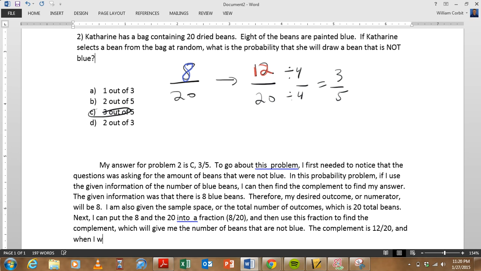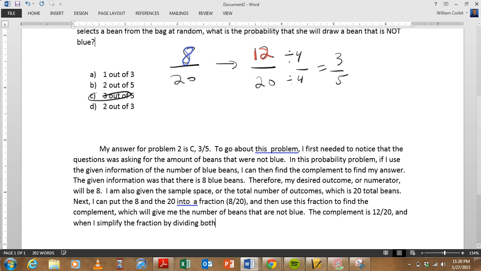And when I simplify the fraction by dividing both the numerator and denominator by 4, I will get 3/5. And then I'm going to end with the concluding sentence.